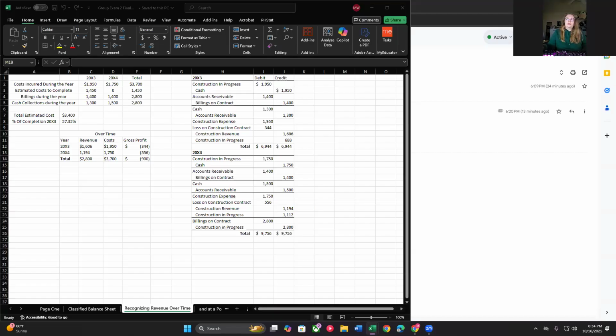Estimations, though, I didn't think those were included in calculations other than maybe what they're charging people. They're used in the percentage complete. Yeah, I put it in the percentage of completion. I did 1950 divided by the total estimated cost for the percentage of completion, which was given to us, the 3,400, the total estimated cost.